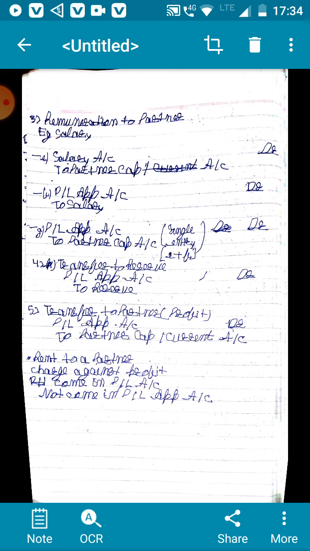We have passed these two entries, but if we have to pass one single entry, then profit and loss appropriation account debit to partners' capital accounts. If we pass the transfer to reserve, then profit and loss appropriation account debit to reserve account.